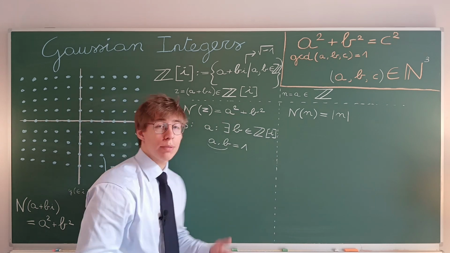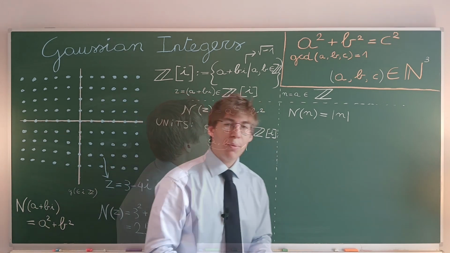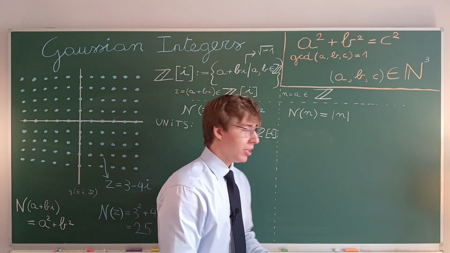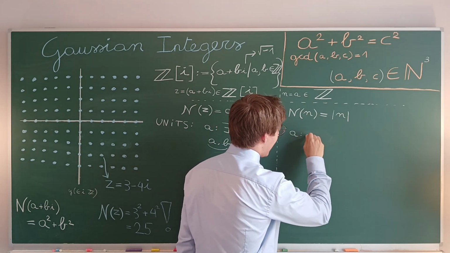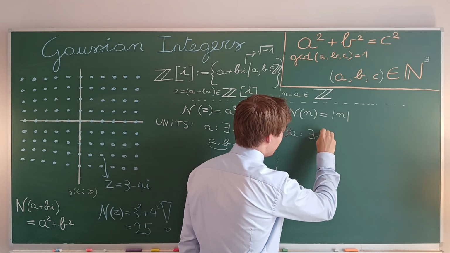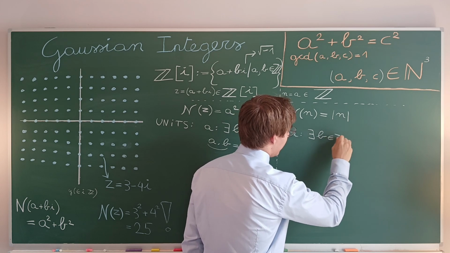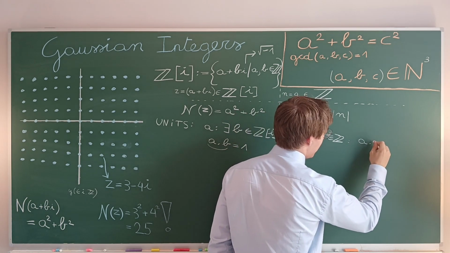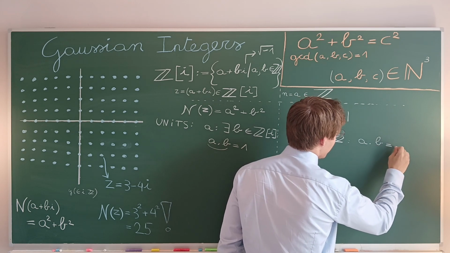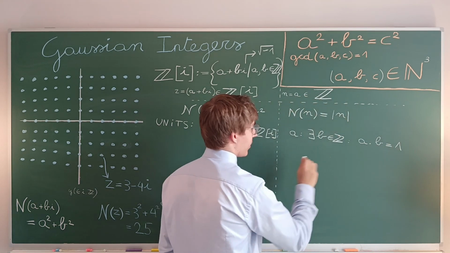So it is a multiplicative inverse. Now in the integers you will be much more familiar with units, because a unit a is also defined as: there exists a b in Z such that a times b is equal to 1.